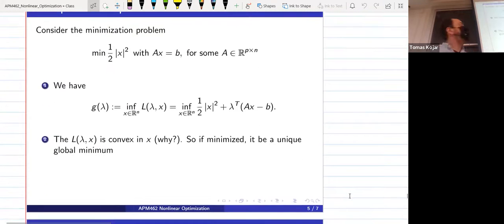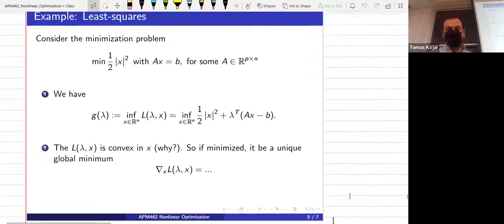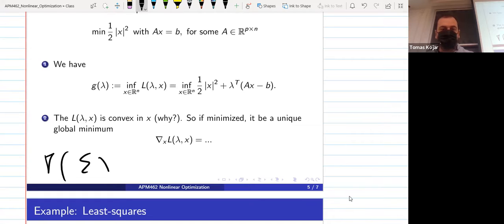So it has a unique global minimum by convexity. Let's compute it, which I think I just did. Let me do it again. So you have the summation of x_i squared times a half, and then you have lambda transpose Ax.